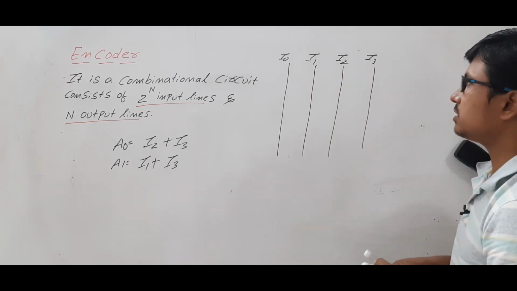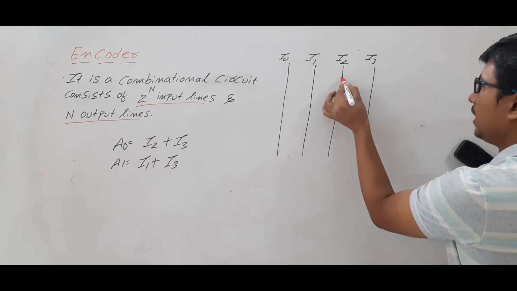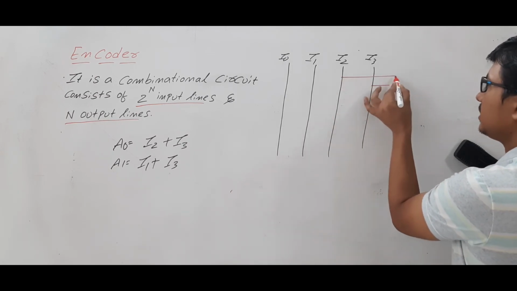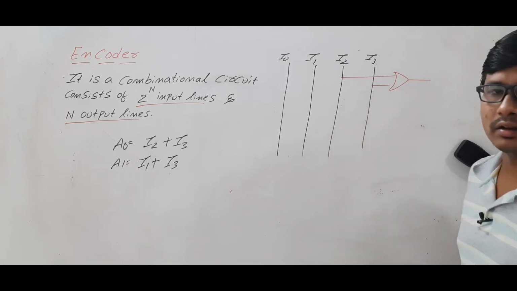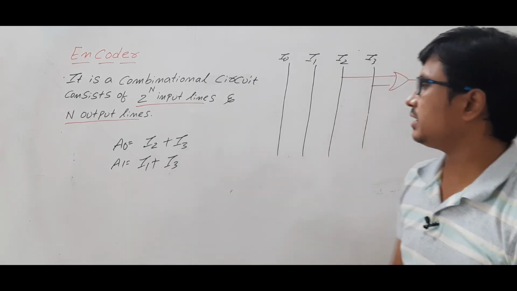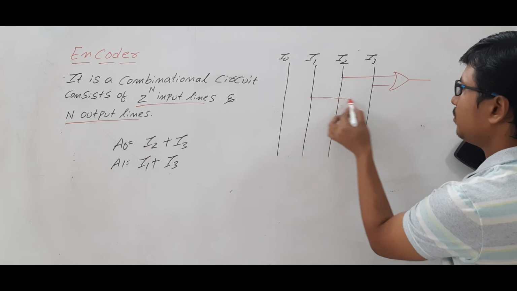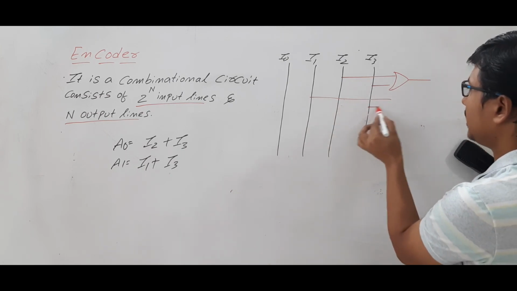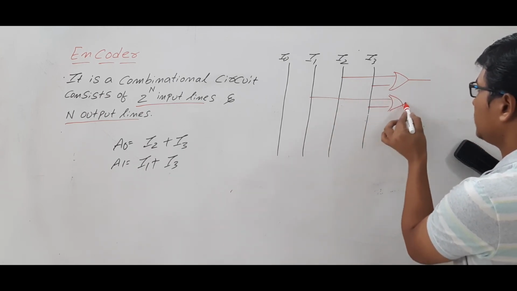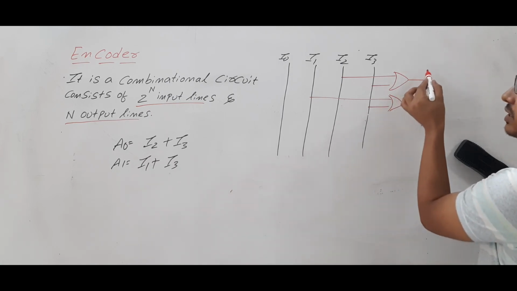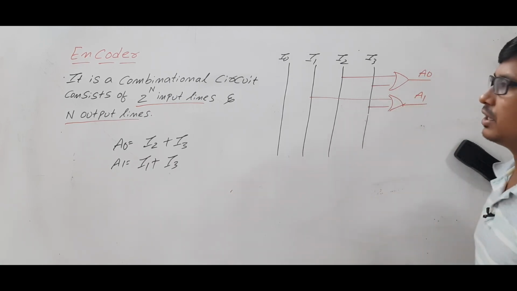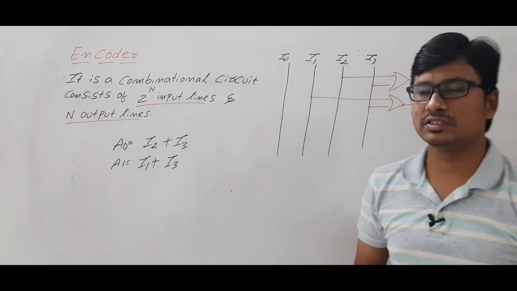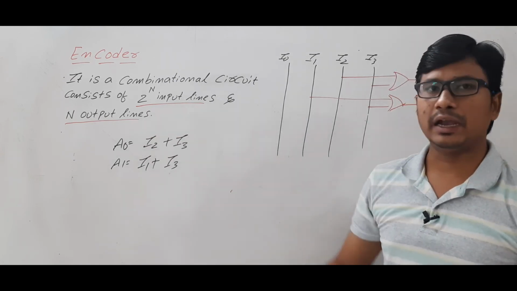So A0 is equal to I2 and I3 through an OR gate. Okay, am I right or wrong? Similarly, A1 is equal to I1 and then I3 through an OR gate. Is it clear? You will get the output here as A0, and here you will get the output as A1. So this is the combinational circuit for the encoder.